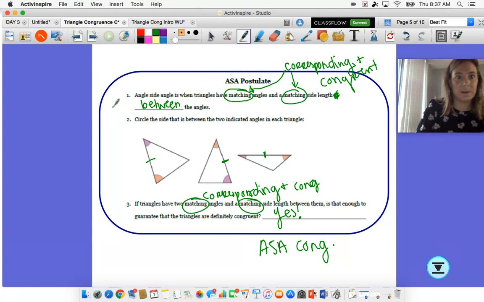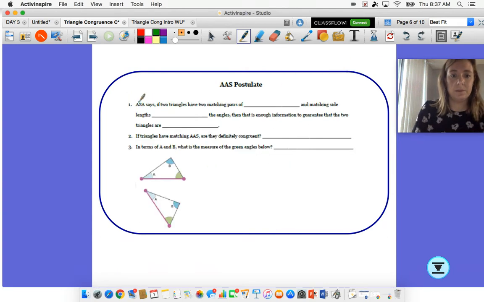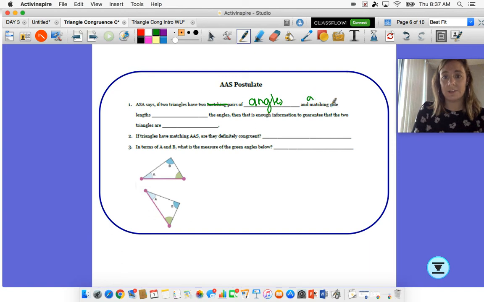Angle, side, angle says if two triangles have two corresponding and congruent pairs of angles and a matching, corresponding and congruent side length between the angles, that is enough information to guarantee that the two triangles are congruent.